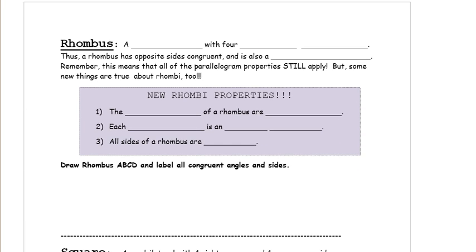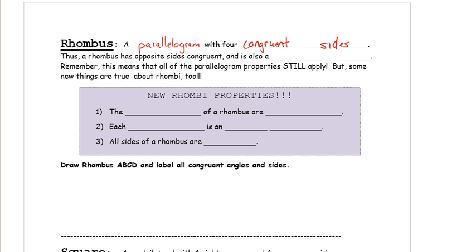Next one is a rhombus. It's a parallelogram with four congruent sides. Okay, so we have four congruent angles in a rectangle, where they're all 90. Here we have four congruent sides, and these angles are not 90 degrees.